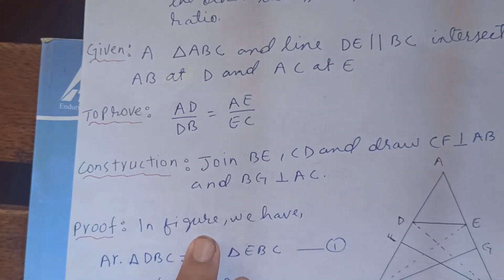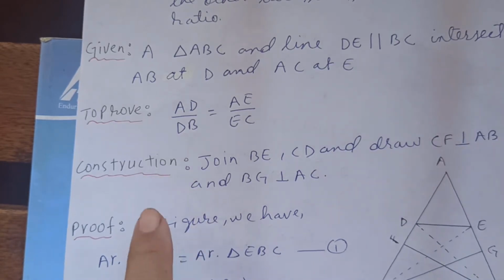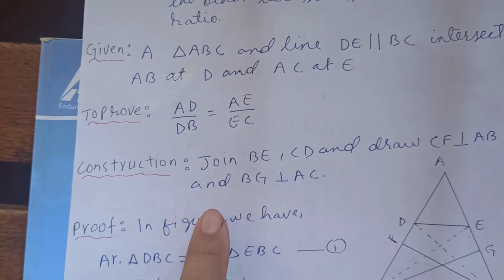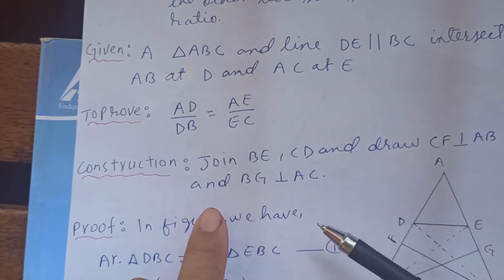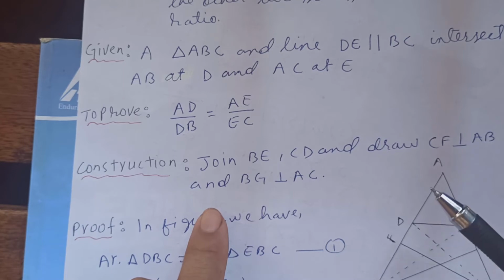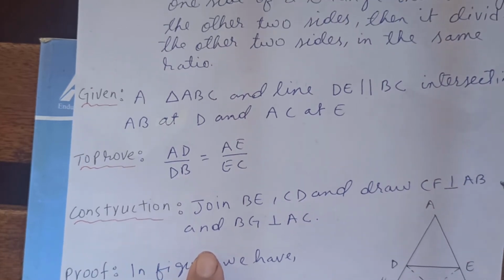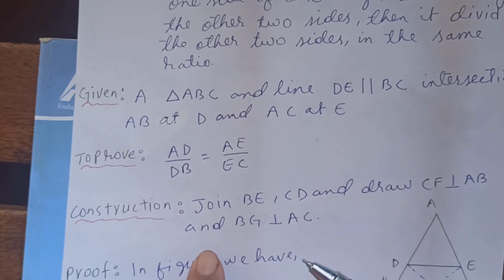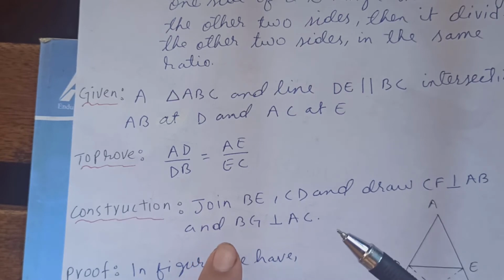Now let's do a construction. Join BE, CD and draw CF perpendicular to AB and BG perpendicular to AC. Why we do construction in geometry is that to prove a theorem or any equation, if you do a construction, it will be easier to prove.